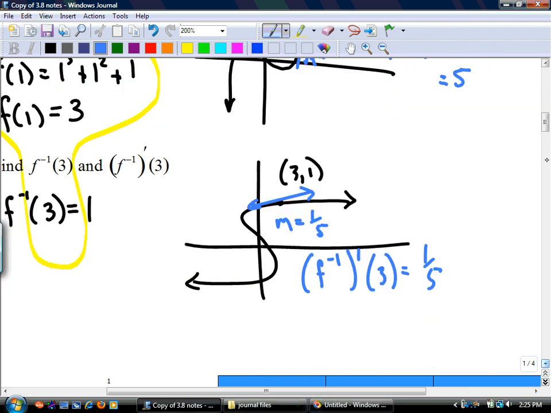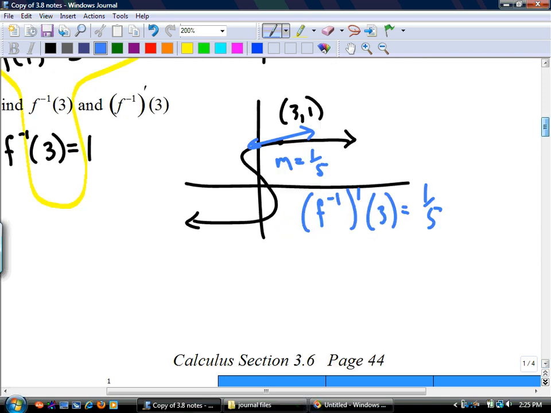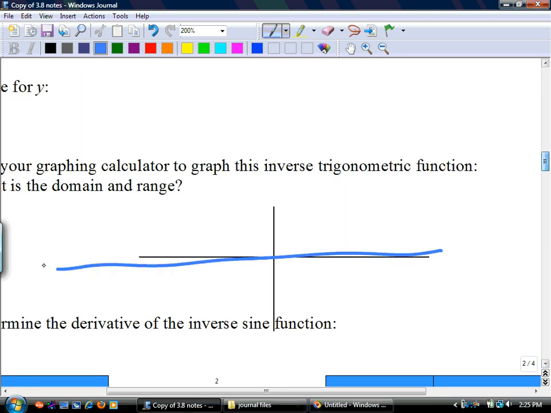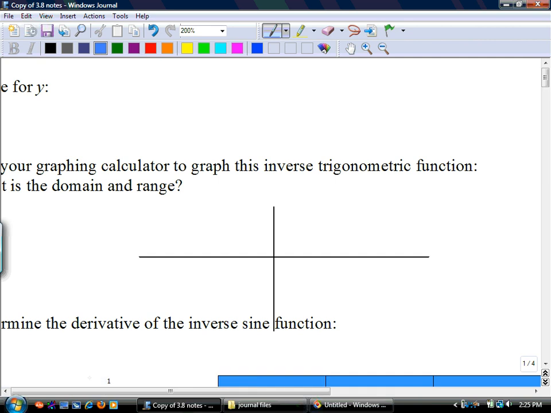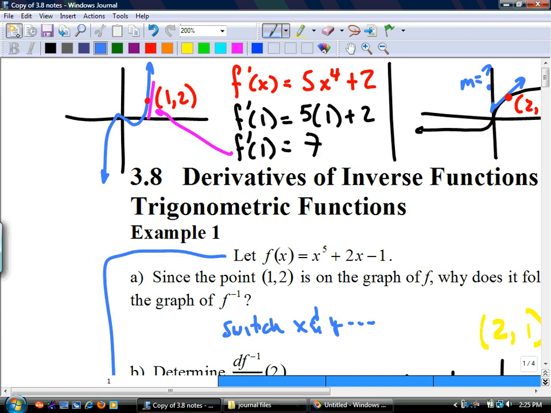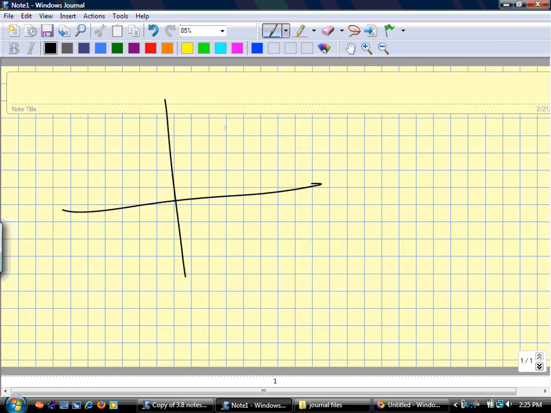Looking for. So if I have a function, you know what? Just put it on a blank page. I want the slope right there, and we'll call it a.